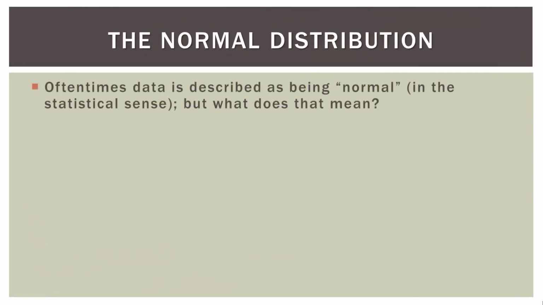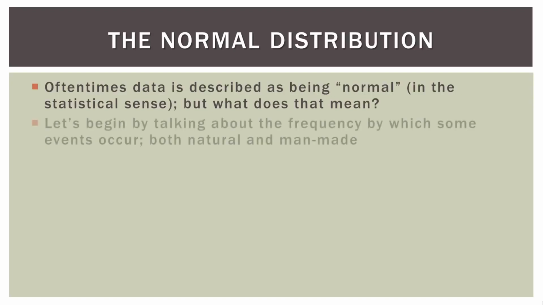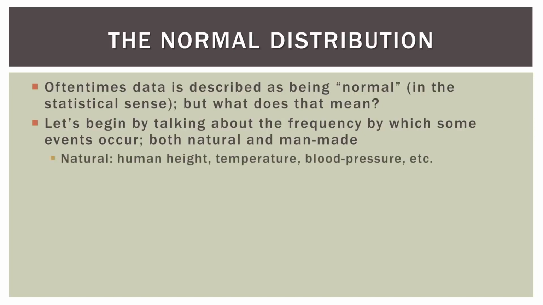So what about the normal distribution? Oftentimes data is described as being normal in the statistical sense, but what does that mean? Let's talk about the frequency by which some events occur, both natural and man-made. Some natural things: the height of an adult human, the temperature outside, a person's blood pressure, etc. Those are events that occur in nature that tend to follow a normal distribution.